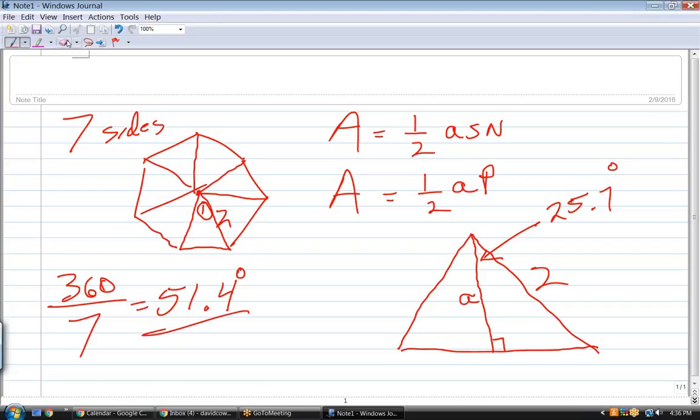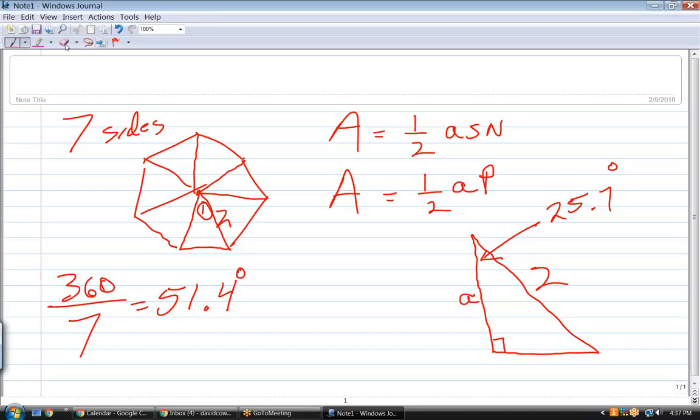In other words, these triangles are always isosceles triangles, and when you drop a vertical from the top vertex that's perpendicular, it always bisects that angle. So we know that each of these two angles is 25.7. Okay? Now the goal is to solve this triangle over here. By that triangle, I mean that triangle right there.